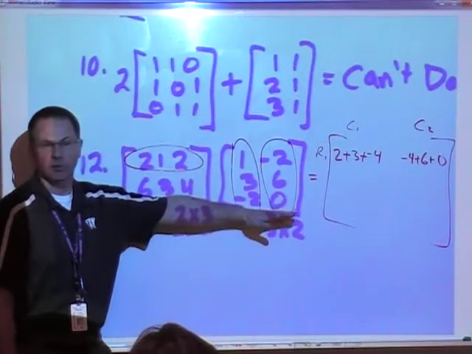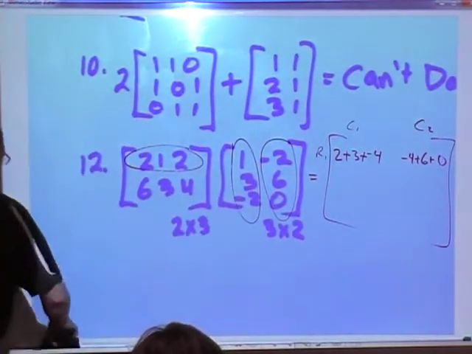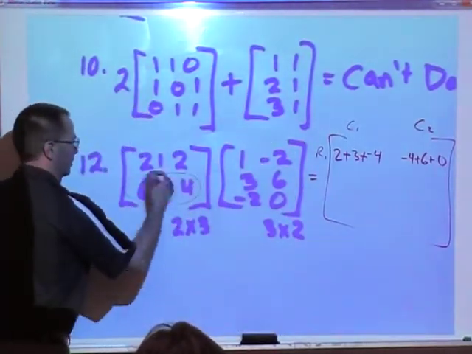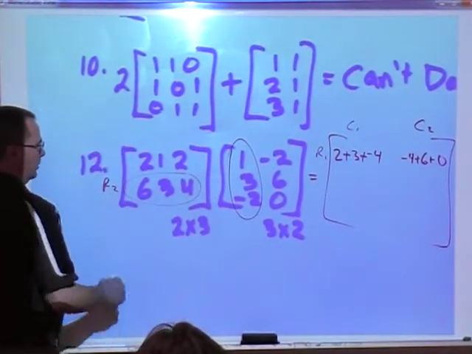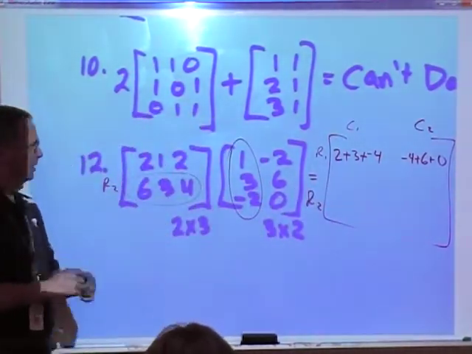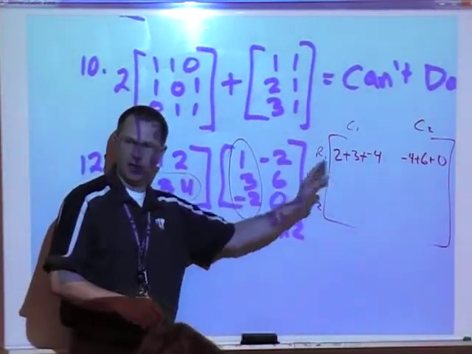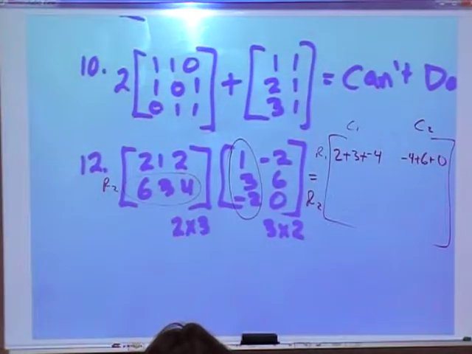How do I get row 2's answers? Take row 2 times each column. Now you guys are going to do this. You're going to take this row, 6, 3, and 4, and multiply it by that column. So this is row 2. So you're going to have row 2, column 1's answer. This row times that column. And then take this row and multiply that by that column and get the next entry. So everybody try that. I'll walk through here in a second again just to make sure.